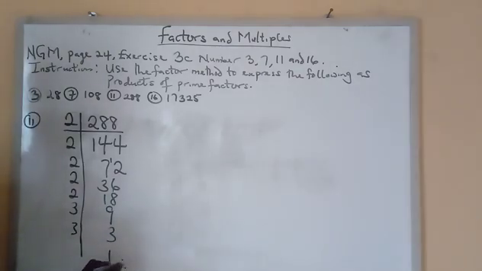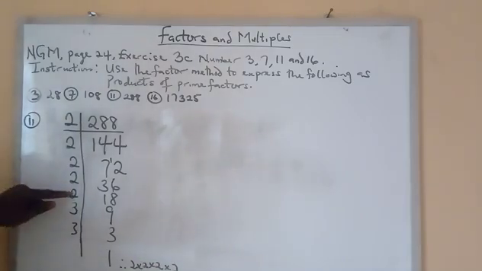So we write out the numbers. We have 2 times 2 times 2 times 2 times 2. How many 2's? 1, 2, 3, 4, 5. Times 3 times 3.